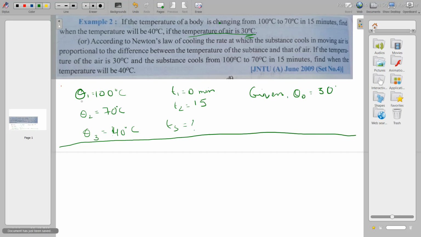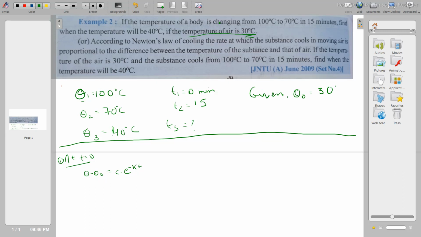First, we know the formula: at t equal to 0, theta minus theta naught is equal to C into e power minus kt. We have this formula for Newton's law of cooling.